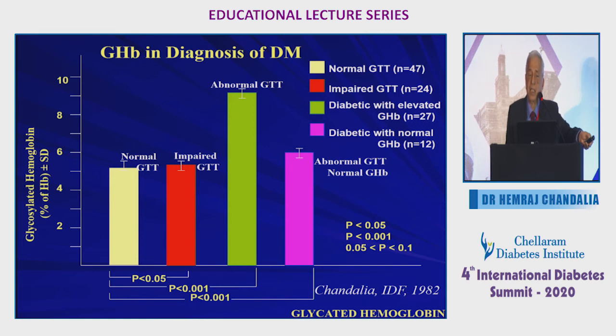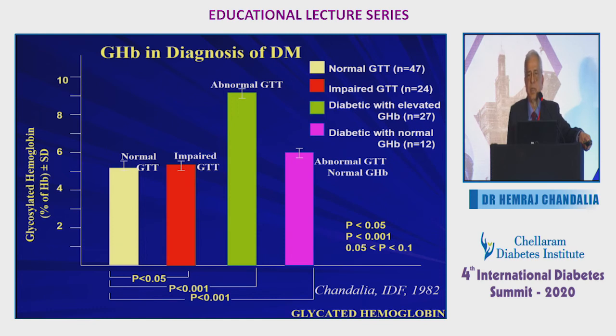Because A1C is a very stable analyte, does not change very fast, the sample which you have is stable for 1 week, even at room temperature. You can put a drop on a blotting paper and even ship it, and the A1C can be estimated. And therefore, it is going to become the main test for even epidemiological purposes.